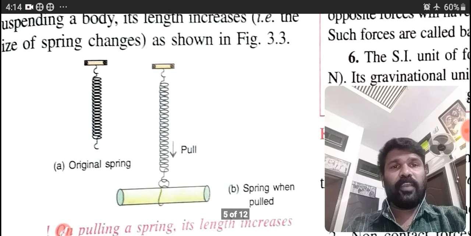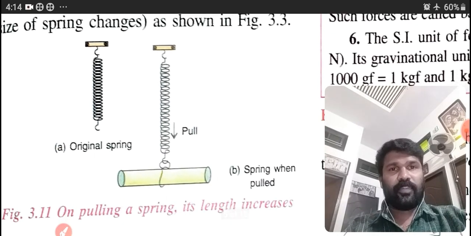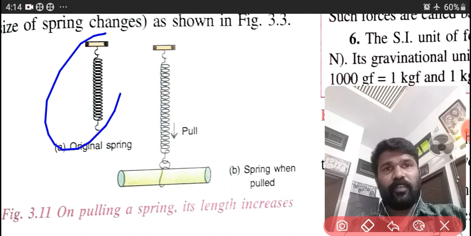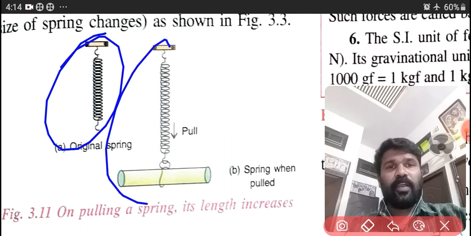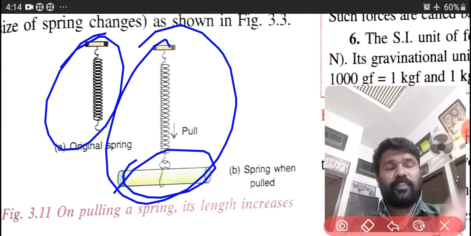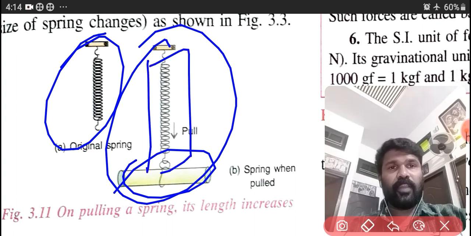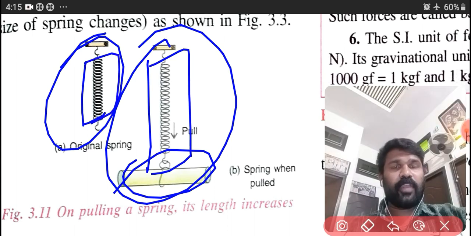Its length increases. You see the original spring here. By suspending a weight to it, its length increased. It was this much. In the second diagram, we can see that its length increased.